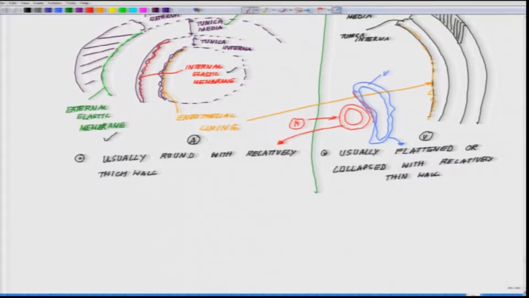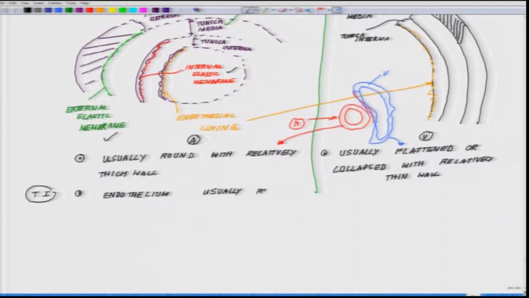Now second point, in three different levels we'll be doing it. First, tunica interna, TI stands for tunica interna. At the tunica interna, if you look at the endothelium, it's usually rippled due to vessel constriction.